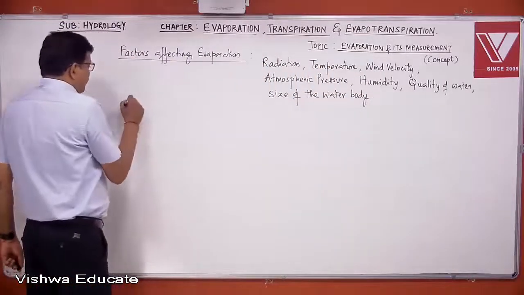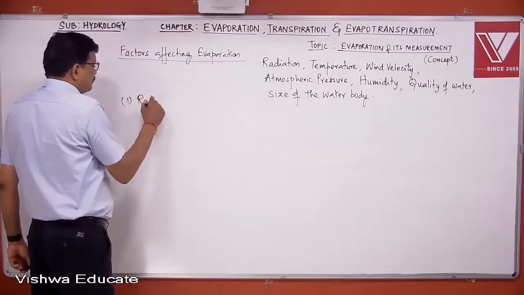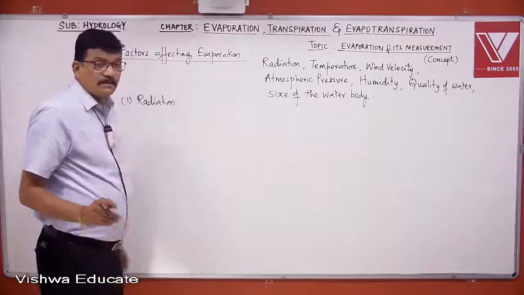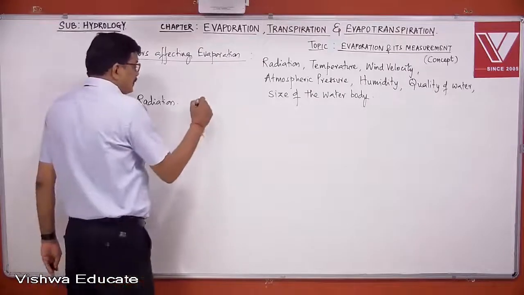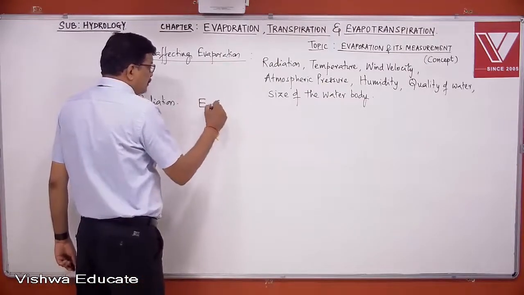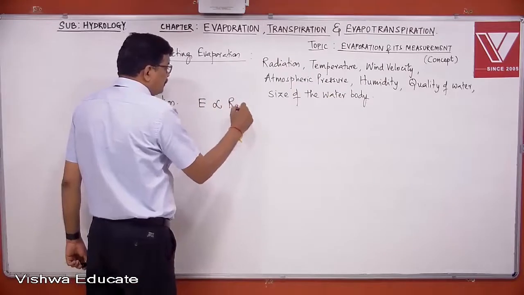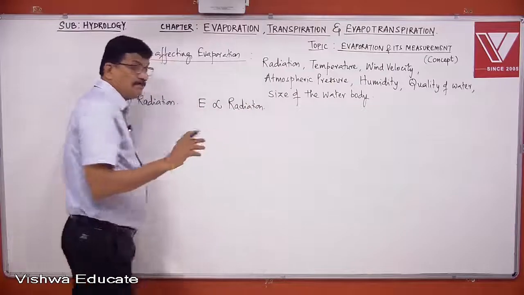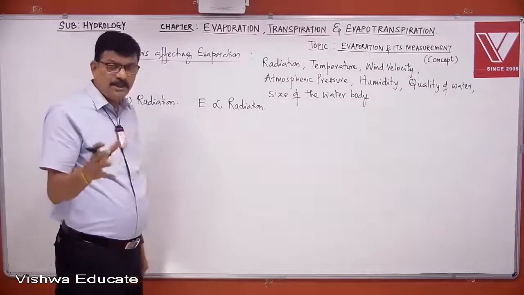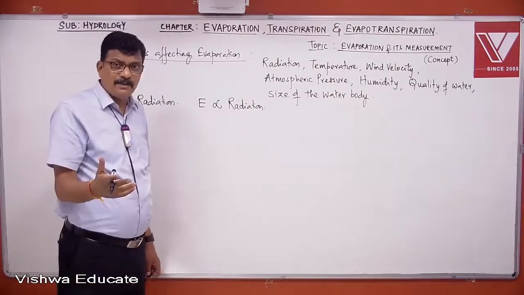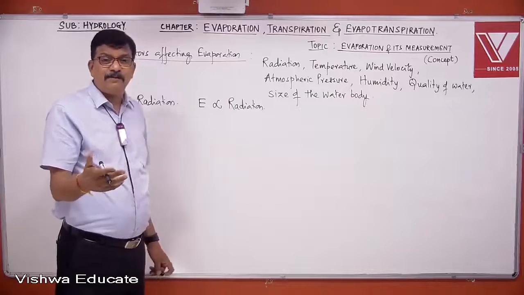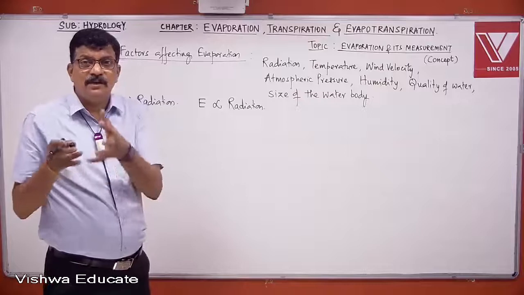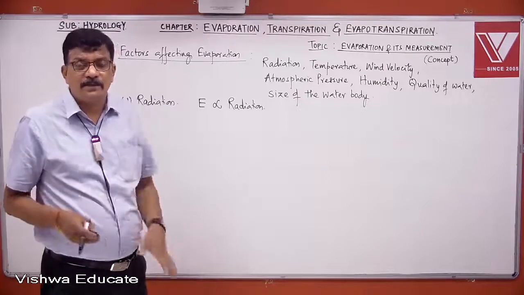Okay, but anyway, coming to the first one, radiation. Evaporation is directly proportional to radiation. When I say evaporation here, it's the rate of evaporation. So the rate of evaporation will be faster if there is a lot of radiation energy available in the atmosphere.